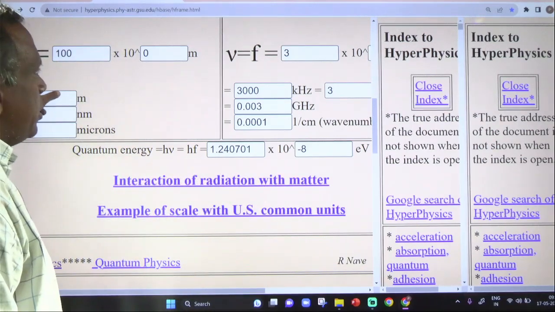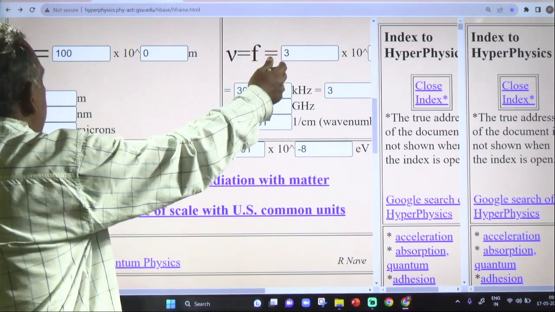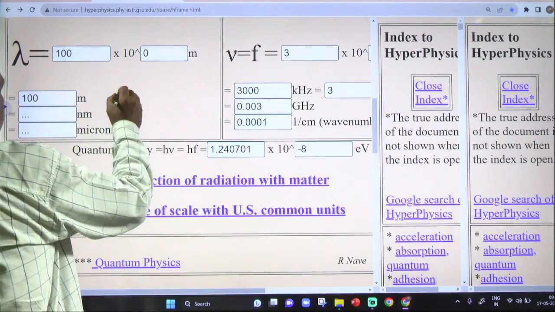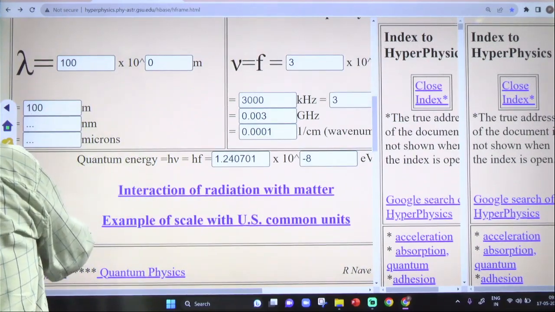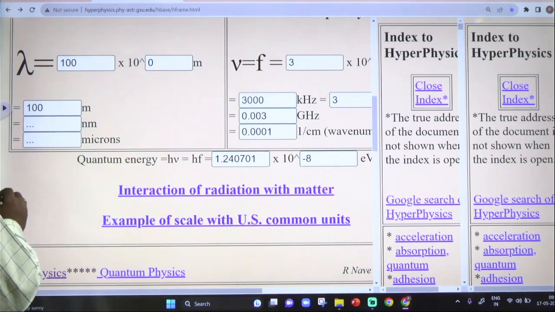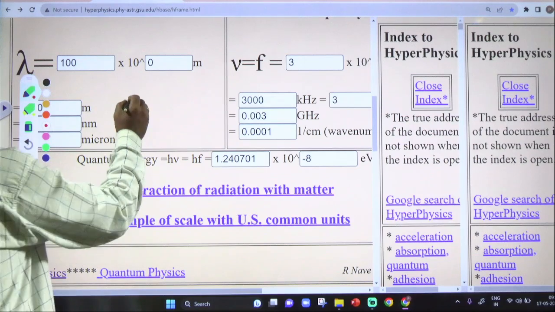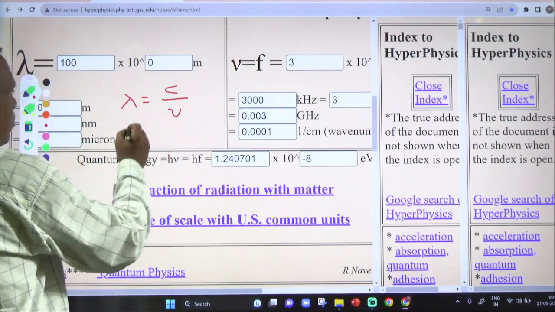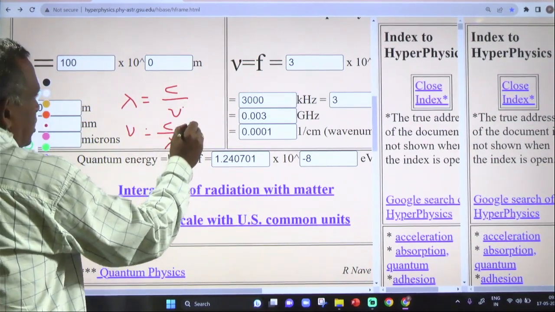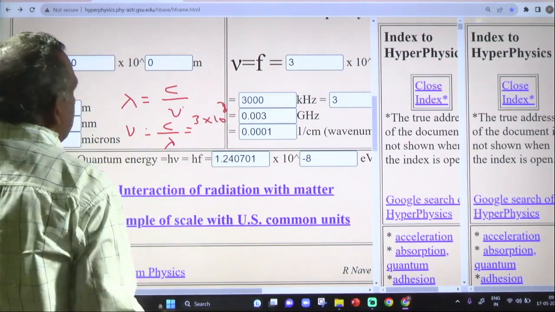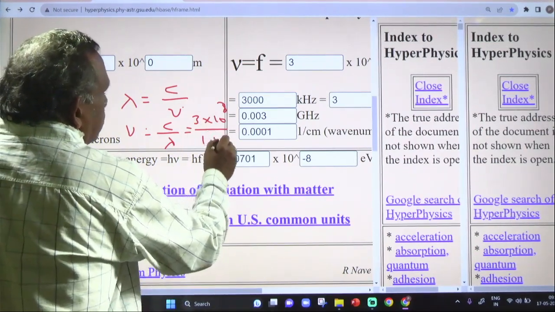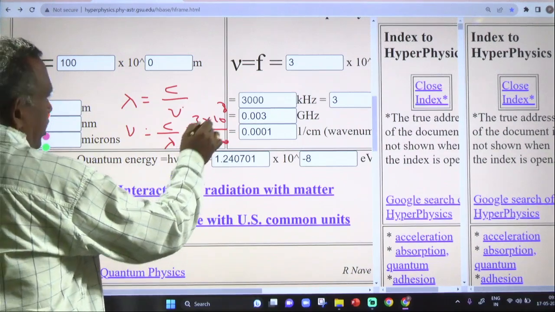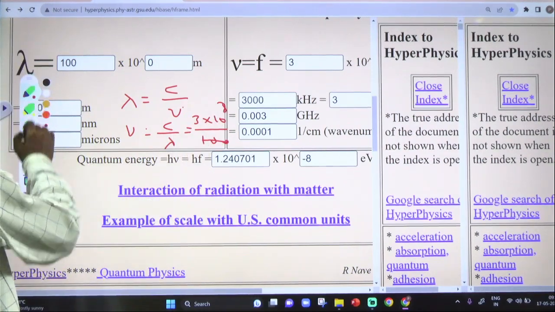If lambda is 100, how does the frequency become 3? Just now I told you, C is equal to nu lambda, so nu is equal to C by lambda. C is 3 into 10 power 8 divided by 100, so you are going to get 3 into 10 power 6.